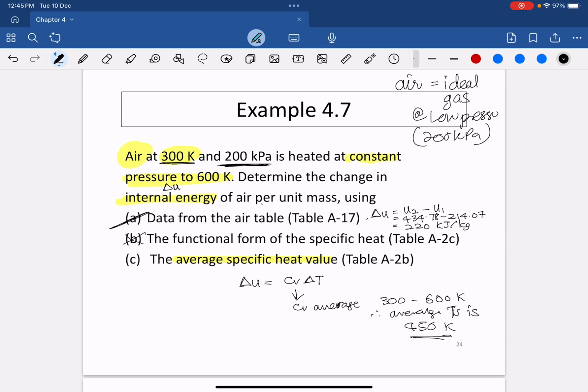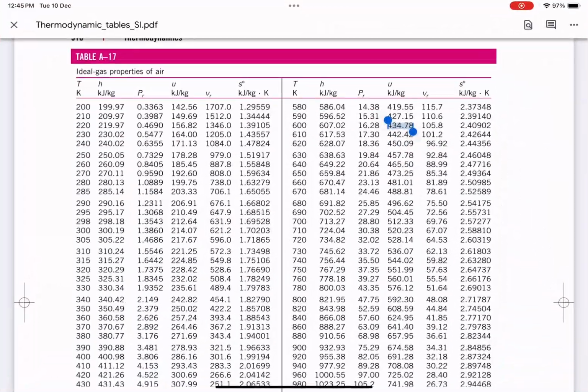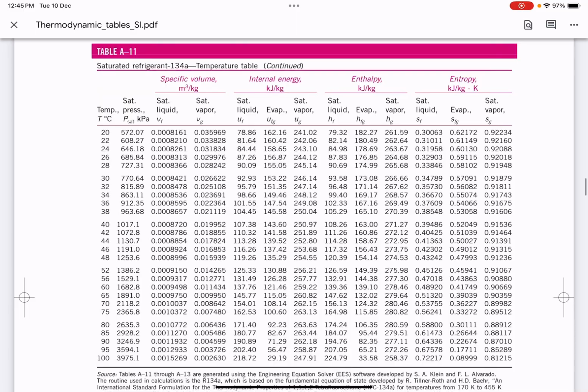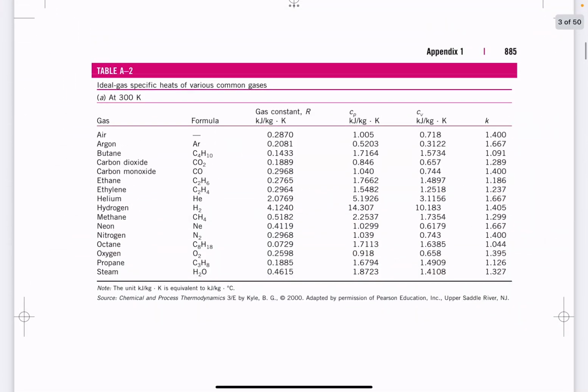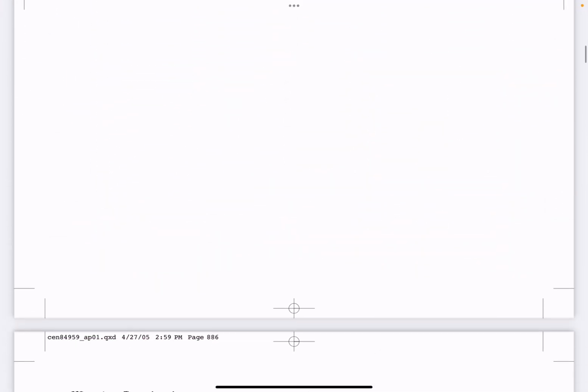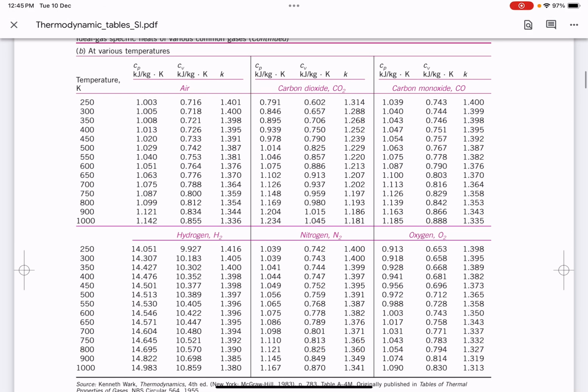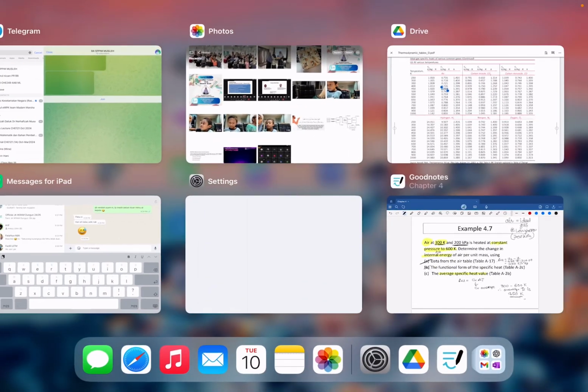So therefore we go to table A20 for air. Okay, it is here. We go to air and take the CV value at 450, which is 0.733.